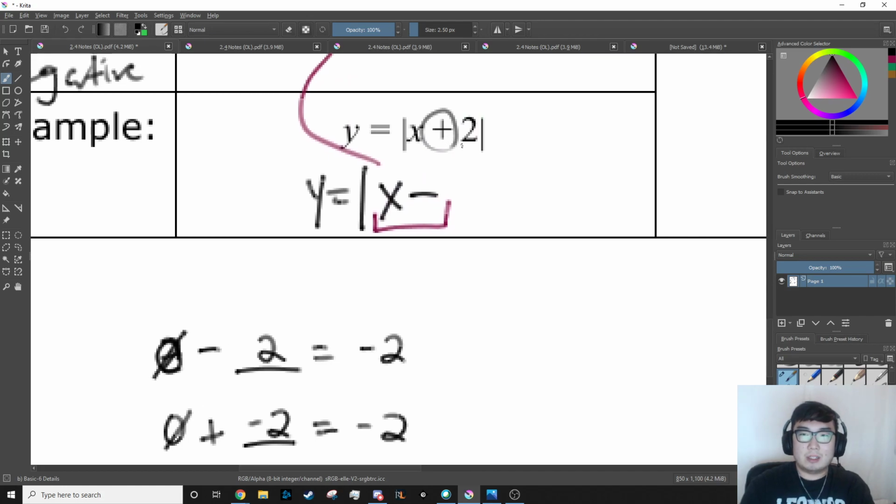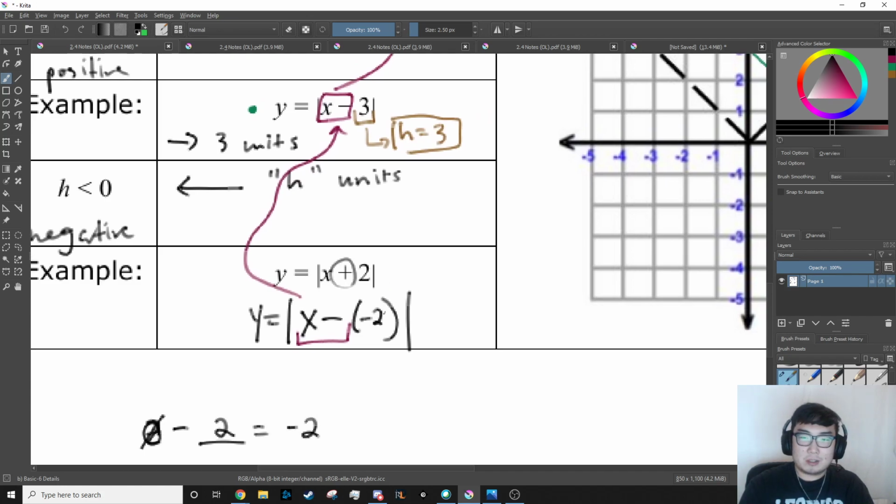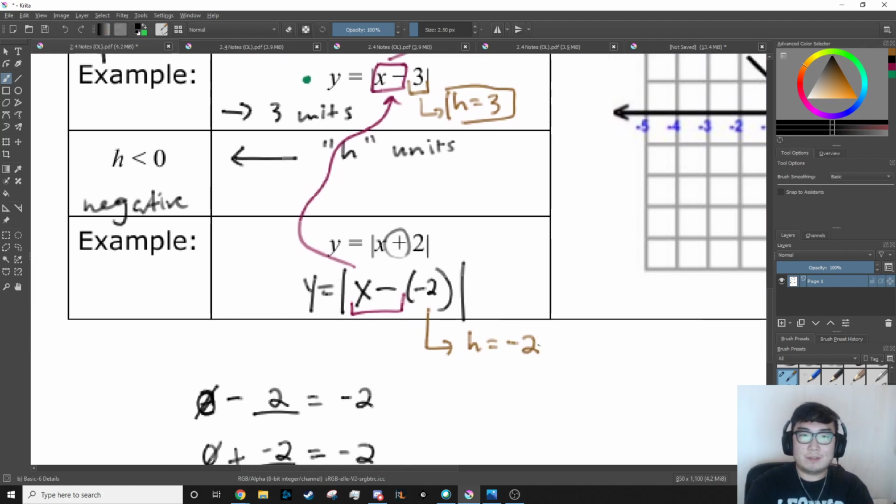I can assume that this is a double negative, which is true. So it's negative 2, and this is where my h is. H is equal to negative 2. And that's why it goes towards the negative direction.